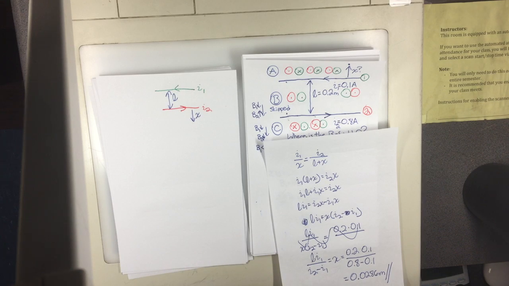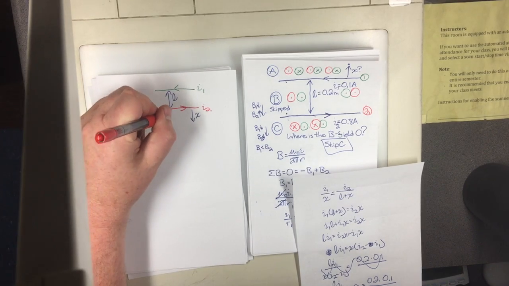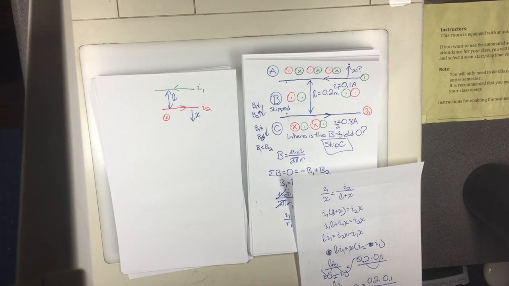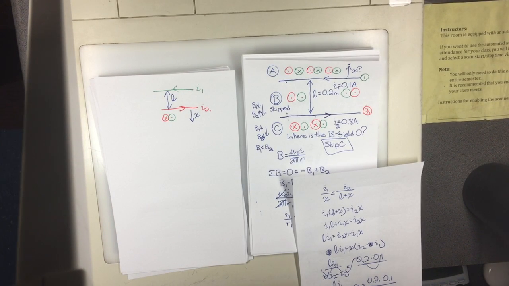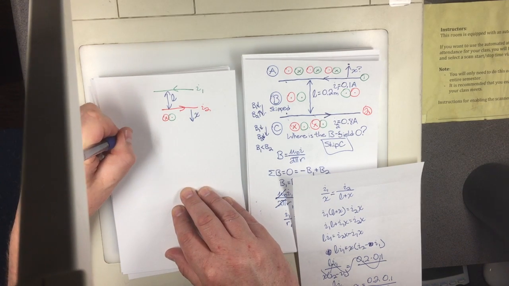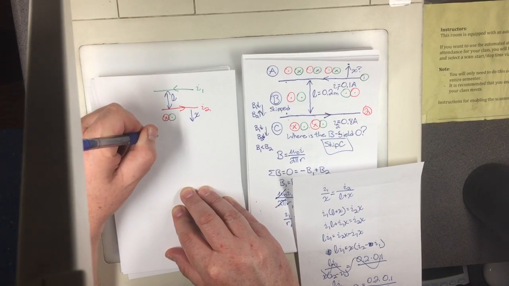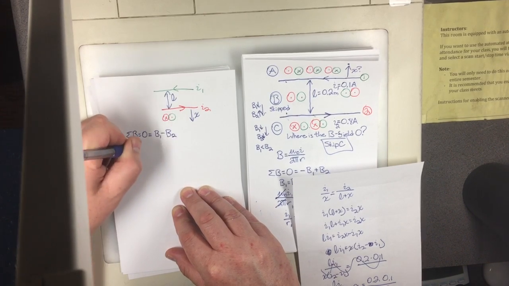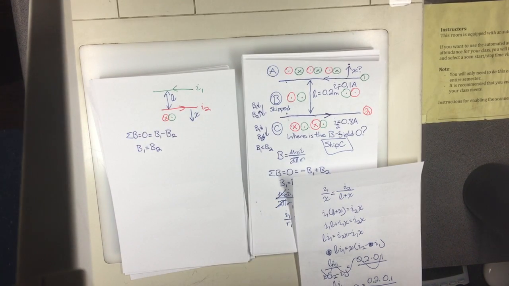So they set up the problem the same way. They looked at the B fields and they saw that the B field from 2 was into the page and that the B field from 1 was out of the page. They said that there is a point below I2 where the B field is negative. So the sum of the B fields is equal to 0, which is equal to B1 minus B2. So B1 is equal to B2. Same stuff that we did before.